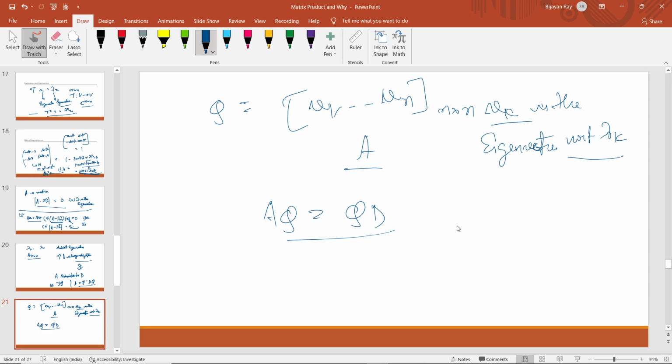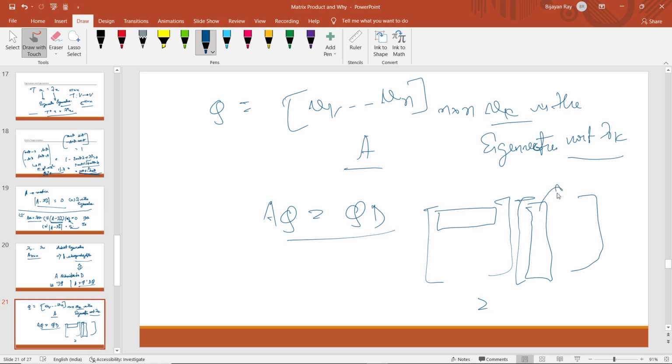Because this is our matrix and this is our Q. So if one considers this row with this column, that is, this first column is V1 and this row, one gets again some lambda times V1.